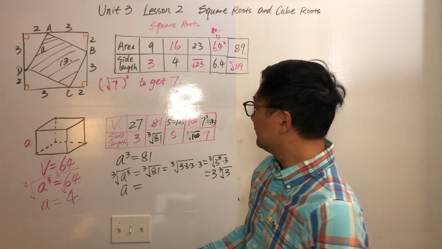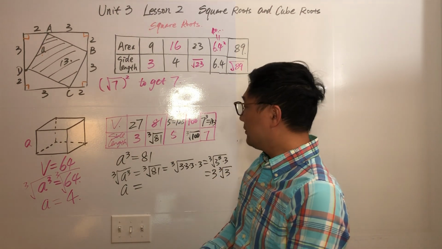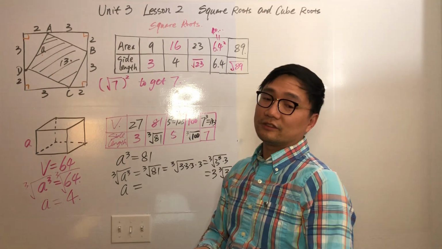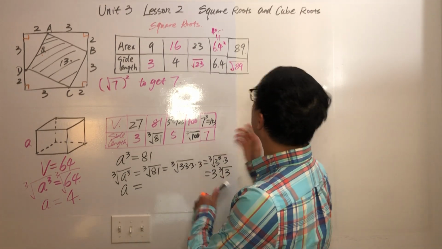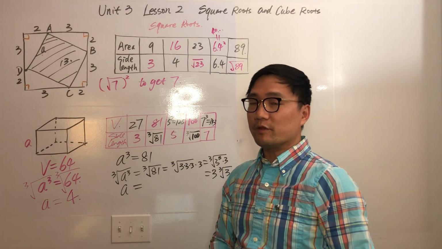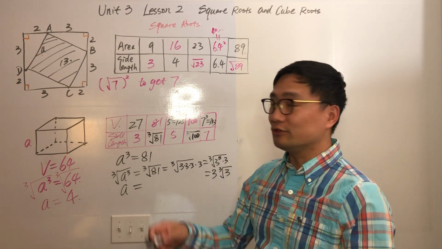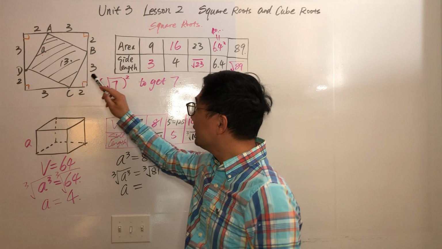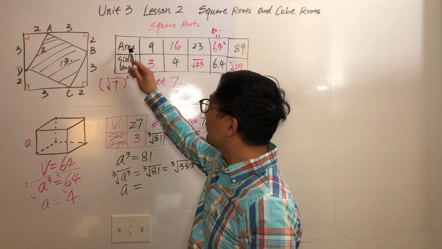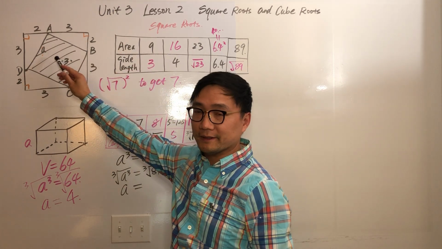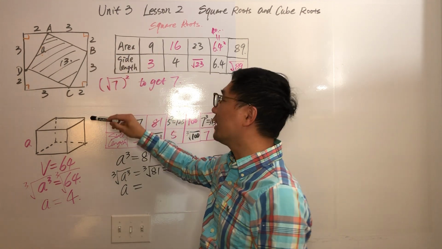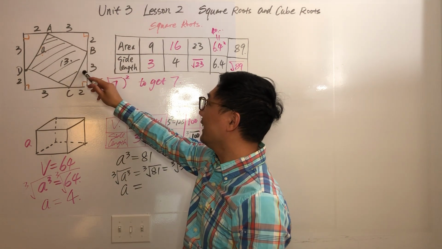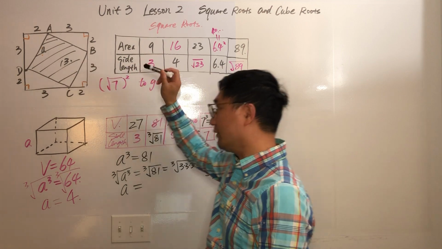That's all about today's topic. You just need to understand what a square root is and what a cube root is. Every time you don't understand, just use the example of a square. For a square root, you find the side length from the area of the square.